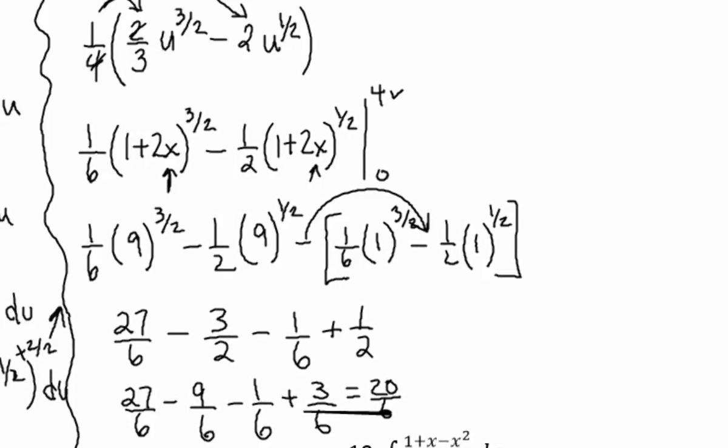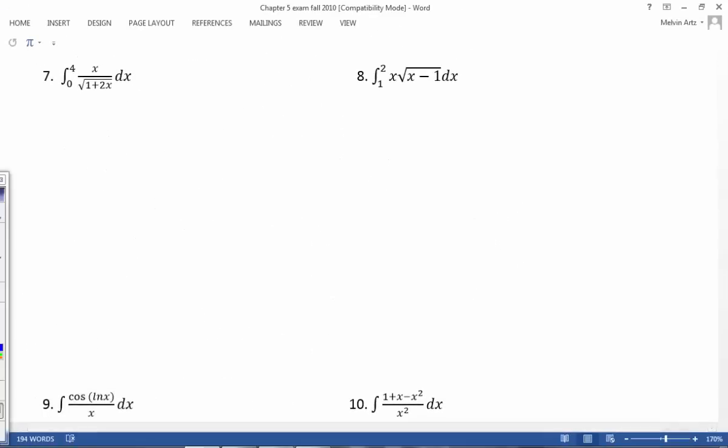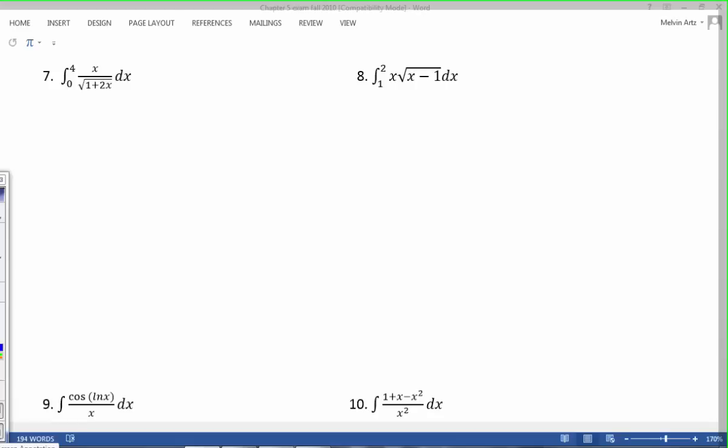Let's erase that and leave enough room for the next problem. So here we would let, again, u equal x minus 1. It's a u substitution problem. So du equals dx. So if we made our replacements at this point, we would have the square root of u du.